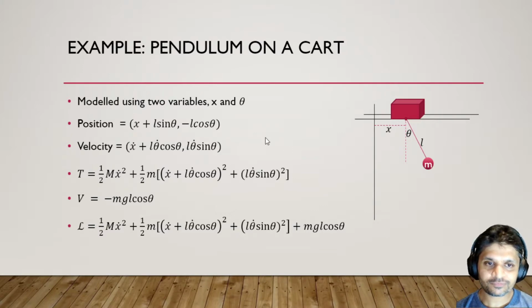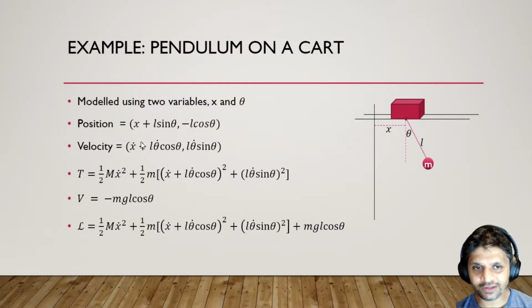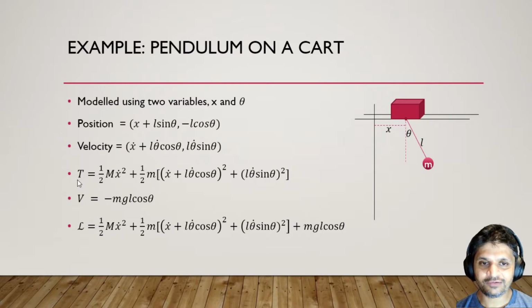And since we've got the velocity, we can say that T equals half m v squared. And in this case, we need to express the m v squared of this one and the m v squared of this one, right? We've got two masses, and they both have kinetic energy, because they're both moving.